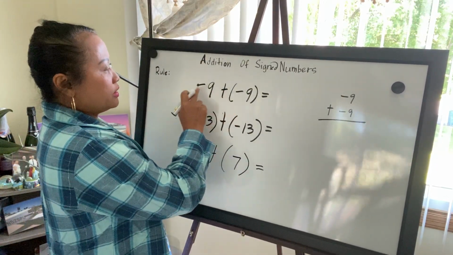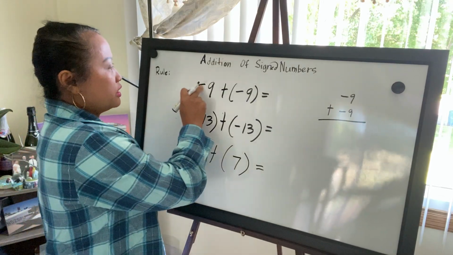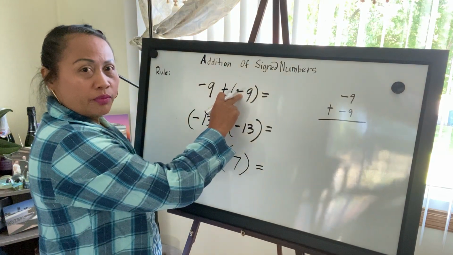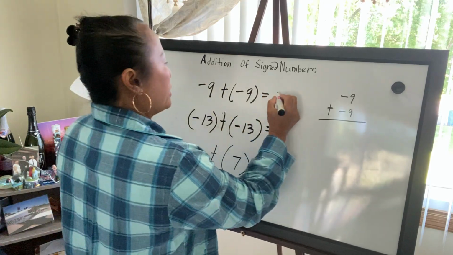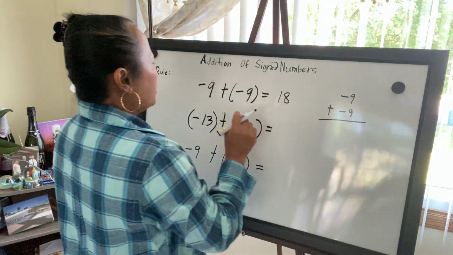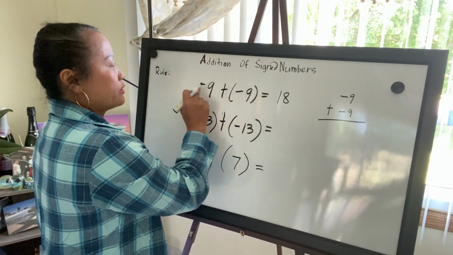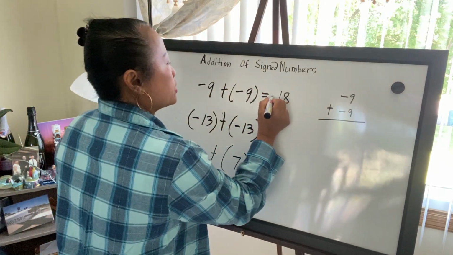Look at the sign first. When you add the numbers, look at the sign. Negative, negative. The same sign, we have to add. So 9 plus 9 equals 18. And then now we have to bring down the common sign. Write down the common sign, which is negative.